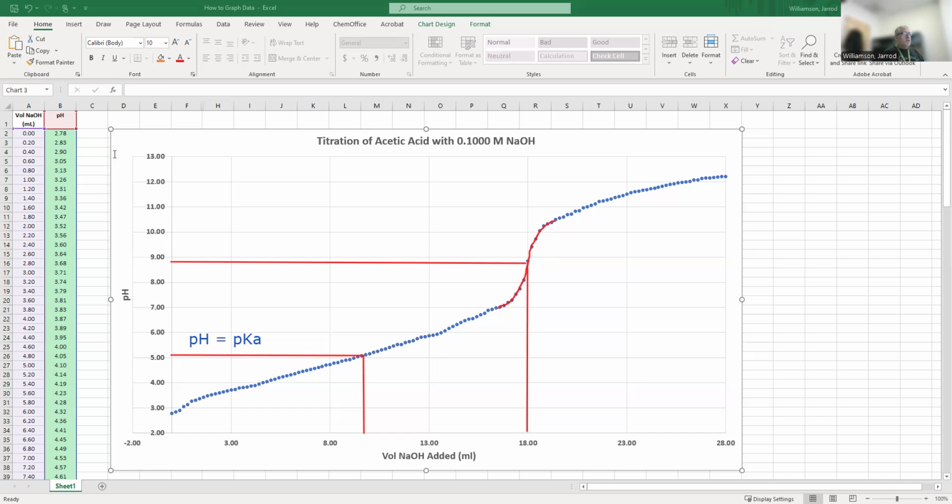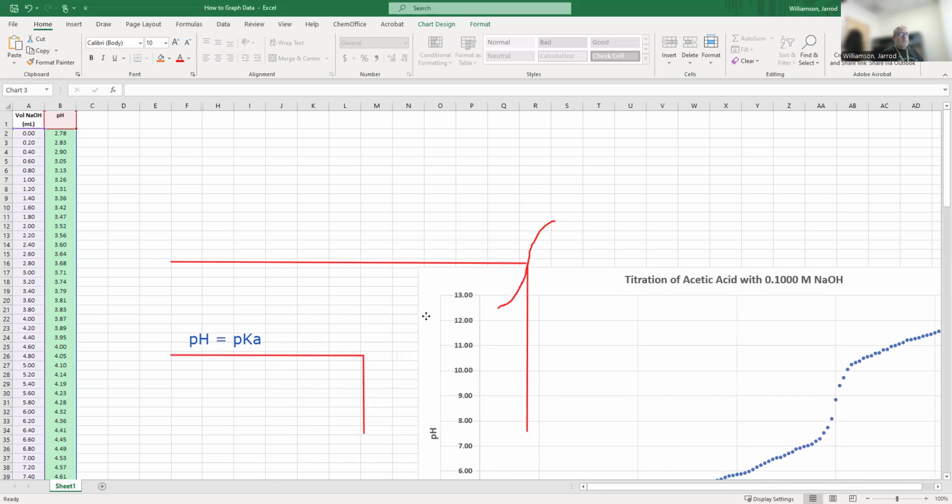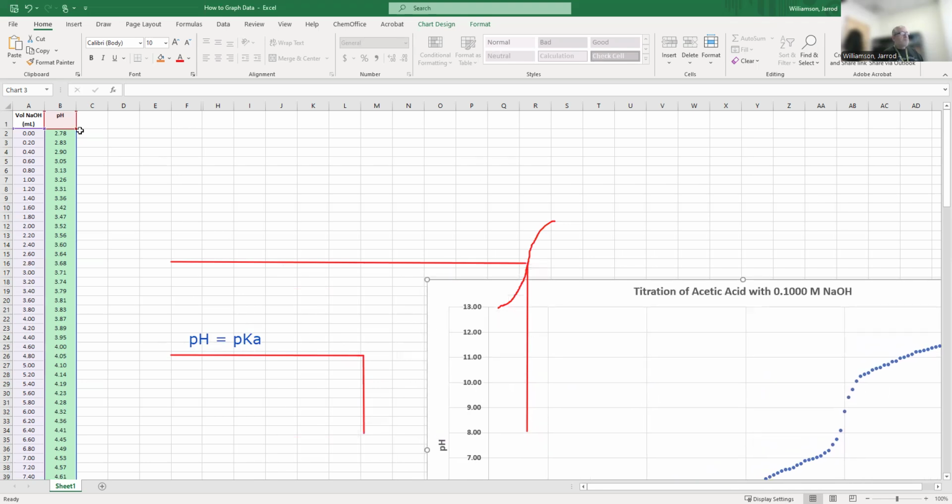And so what we want to do is move this entire graph out of the way.